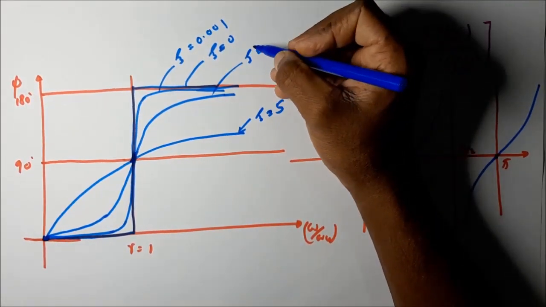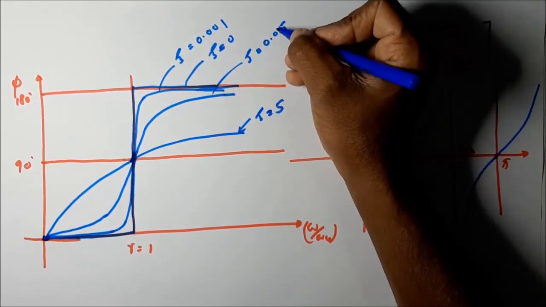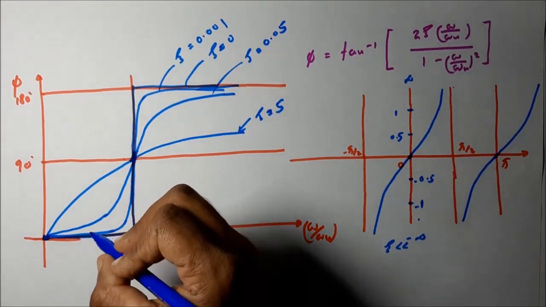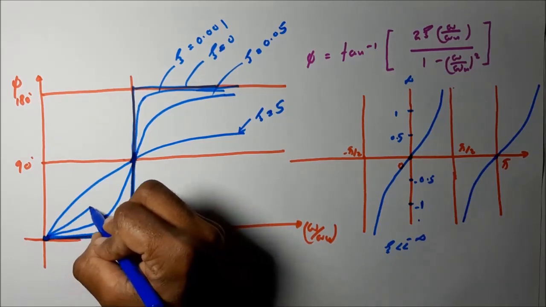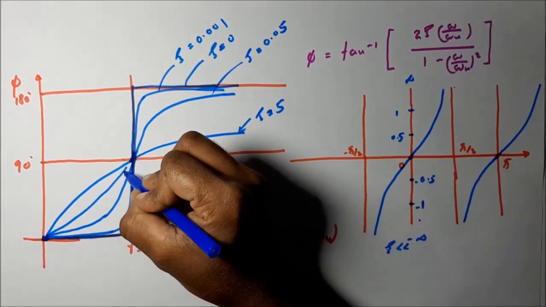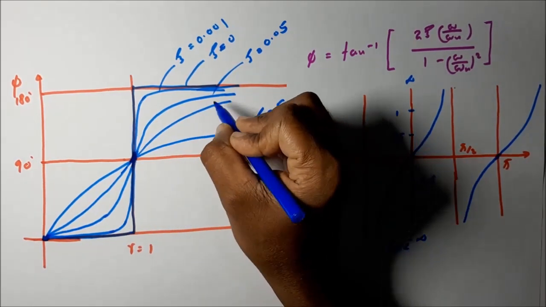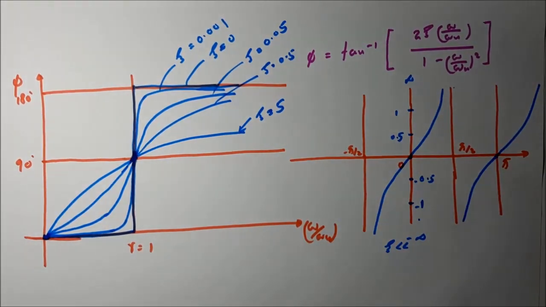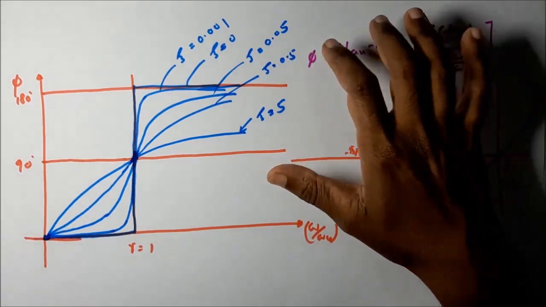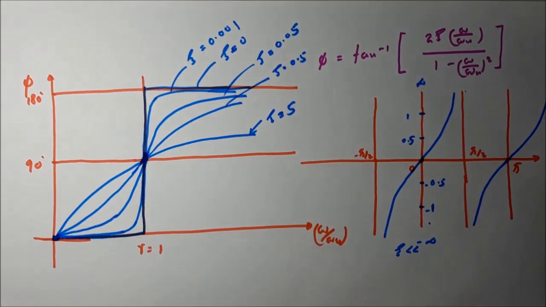Theta equal to 0.05, then the theta equal to 5 situation, 0.5 situation, something like this. This is how we obtain the phase angle variation by looking at this equation and the tan function.